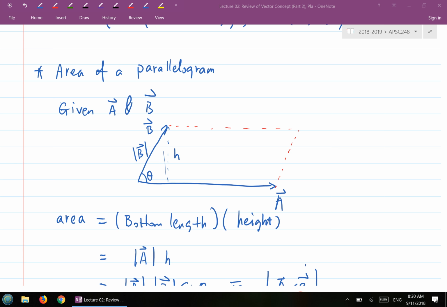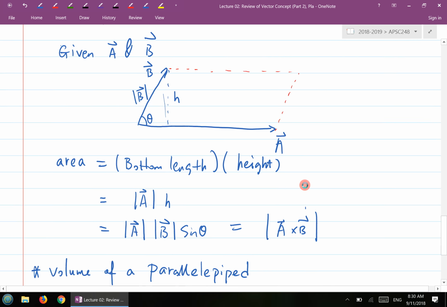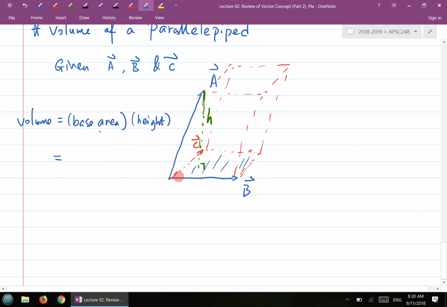So now if I ask you what is the area of this base, how would you write it? C cross B and magnitude, right? Or B cross C, it doesn't matter.